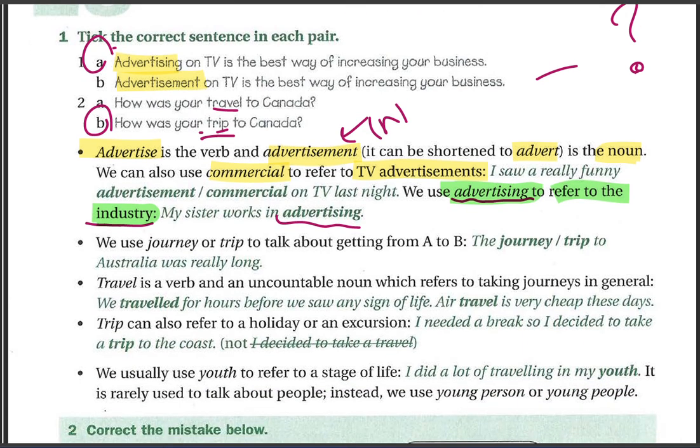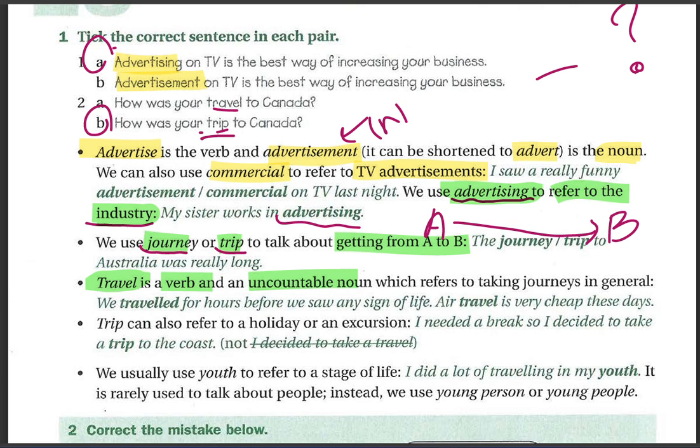The next, we use journey or trip to talk about getting from A to B. Okay, so the journey or the trip to Australia was really long. So when it comes to journey or trip, you start from location A and you go to location B. But we use travel as a verb, and an uncountable noun refers to taking journeys in general.